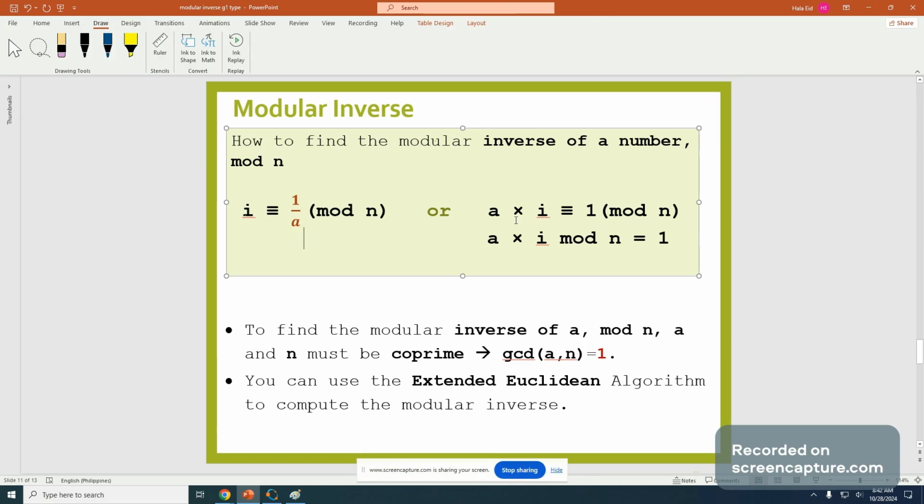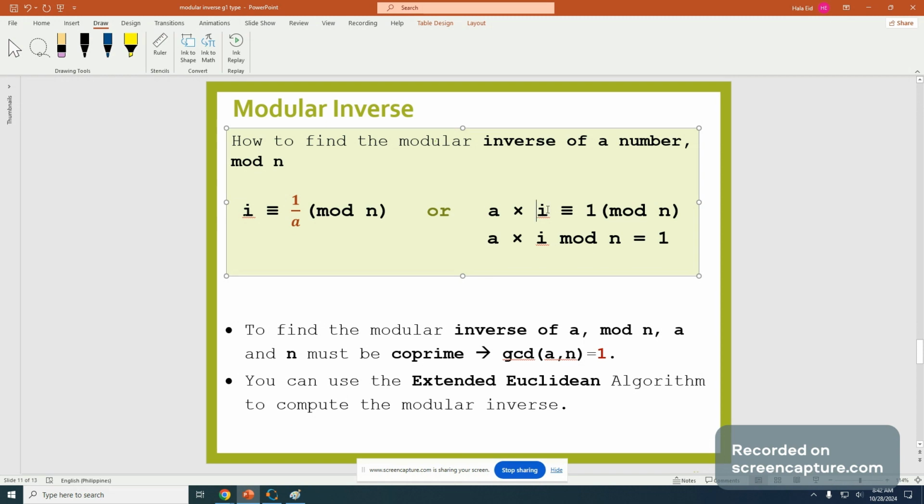It means if I take a times I and divide by n, I get the same remainder as if I take 1 and divide it by n. It's the same remainder, okay? So a times I mod n should be equal to 1.